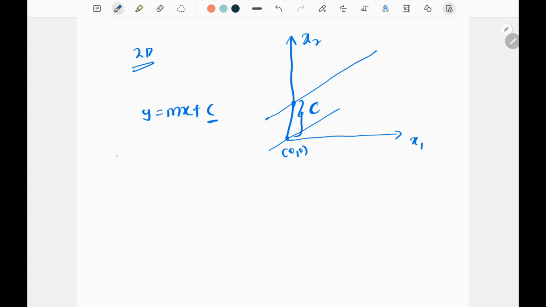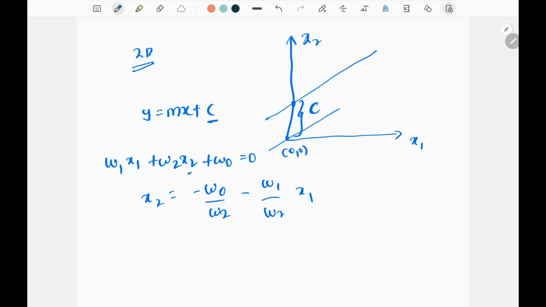Okay, we have previously written the equation of a line as W1 x1 plus W2 x2 plus W0 equal to 0. Now x2 is equal to W0 divided by W2 minus W1 divided by W2 into x1.